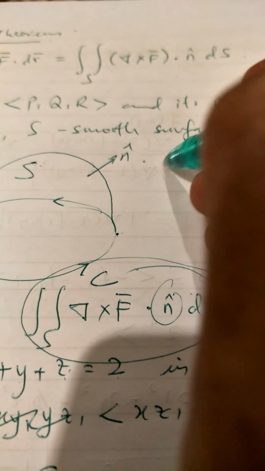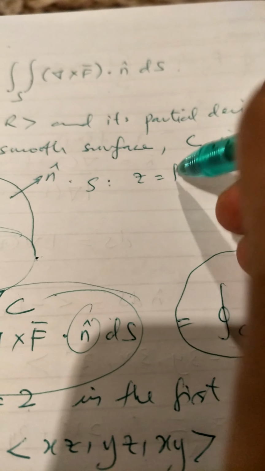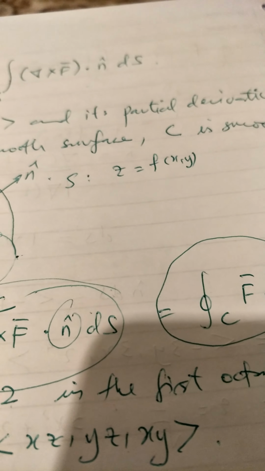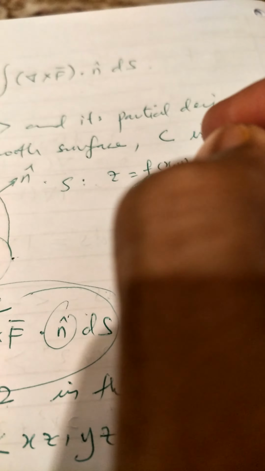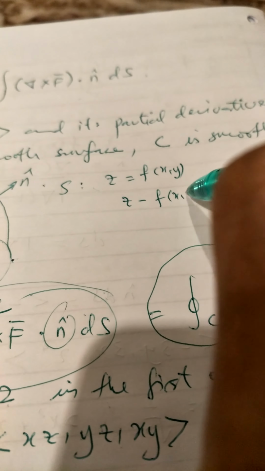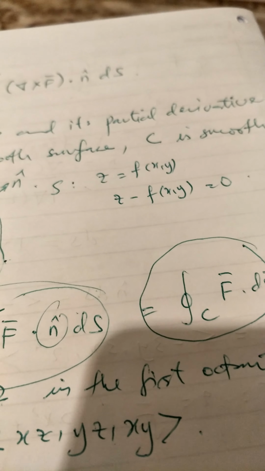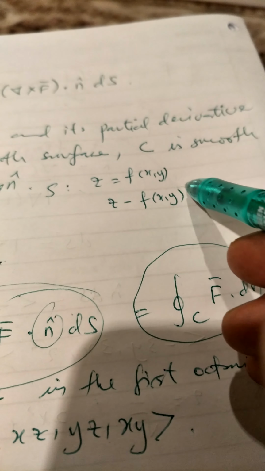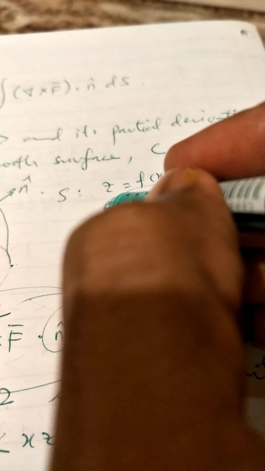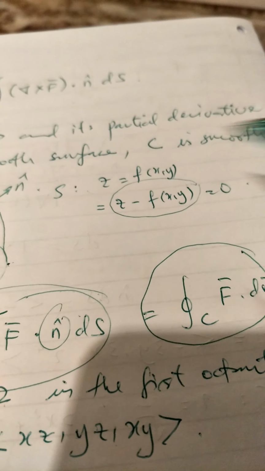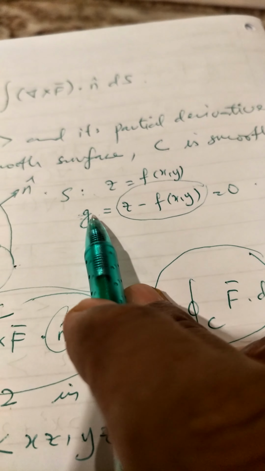Now we need to determine n. How to determine this n? If S is the surface given by z equals f of x, y, I can write this as z minus f of x, y equal to 0. On the left-hand side, let's call this function g, where g is a function of x, y, z.